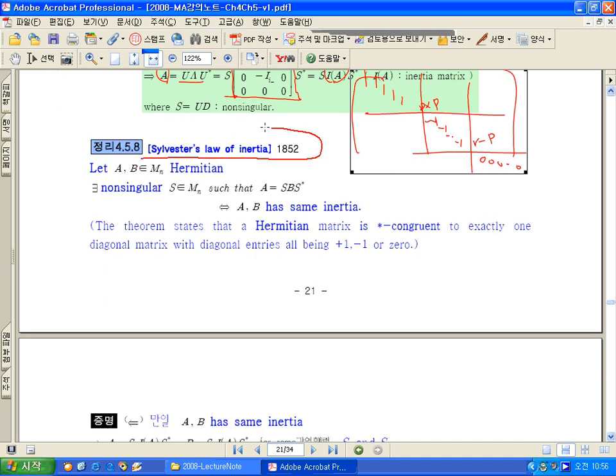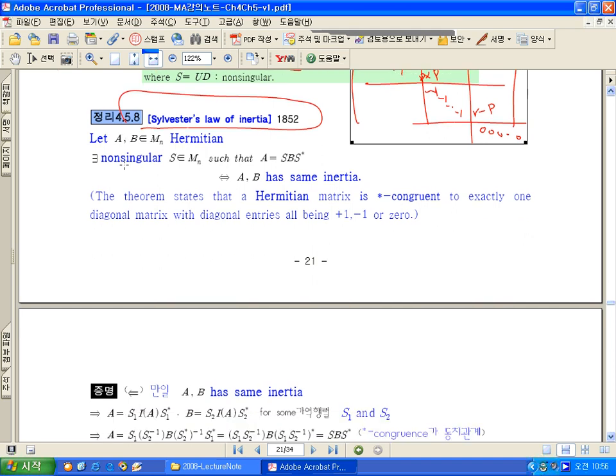Okay, this is Sylvester's law of inertia, which was proved in 1852. Let A be a Hermitian matrix, and suppose there exists a non-singular matrix S such that A is equal to S B S star, that is, they are star congruent. Then A and B have the same inertia.